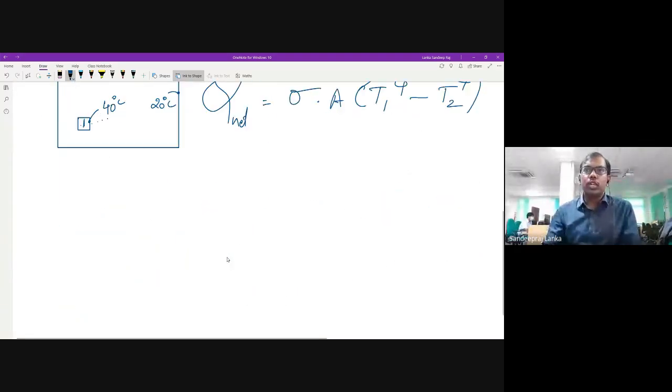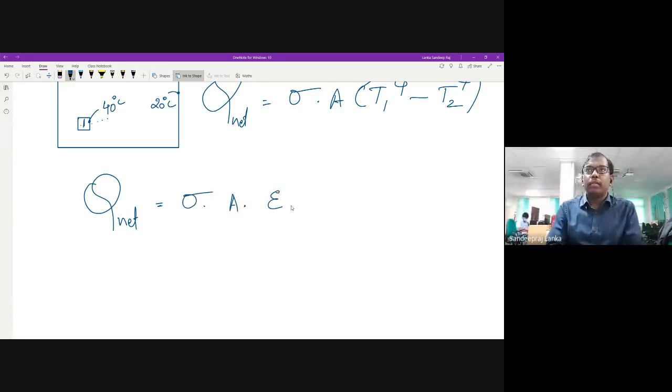Also, this Q net is dependent on the emissivity of the material. So σ A ε, where ε means emissivity, is also introduced into this equation. So it is (T1^4 − T2^4).